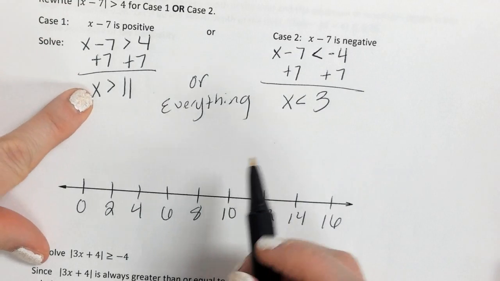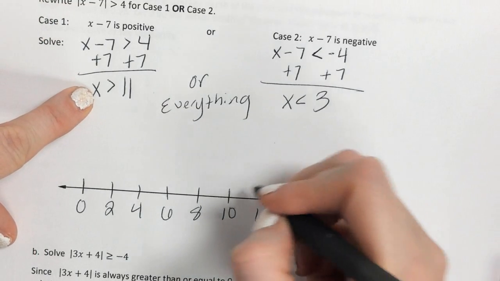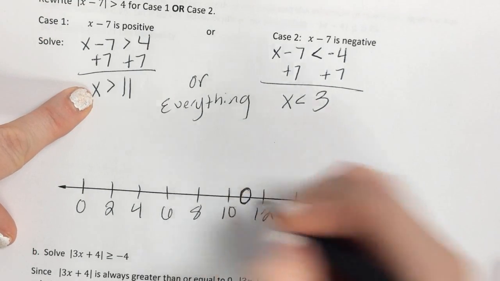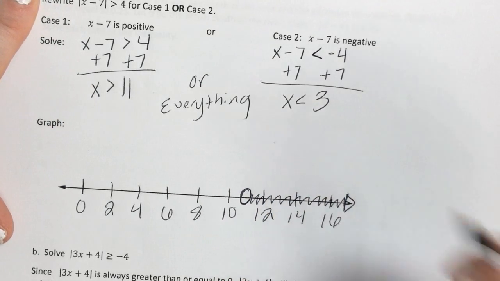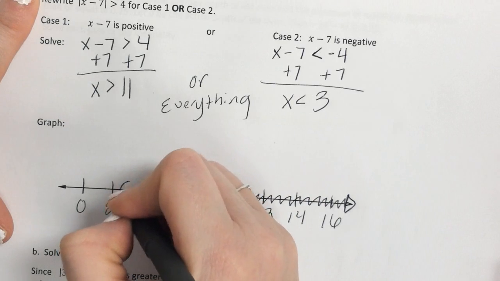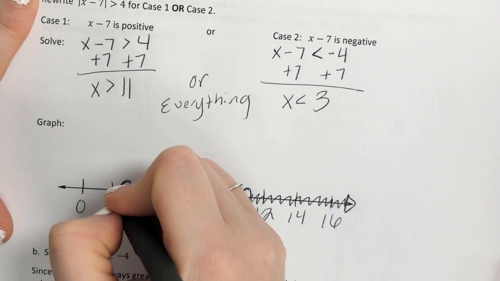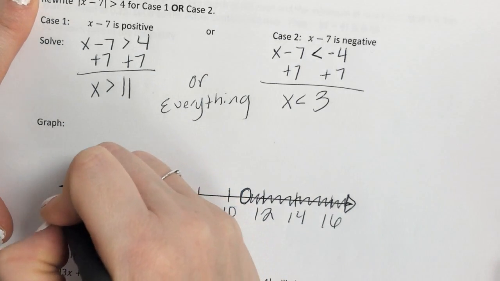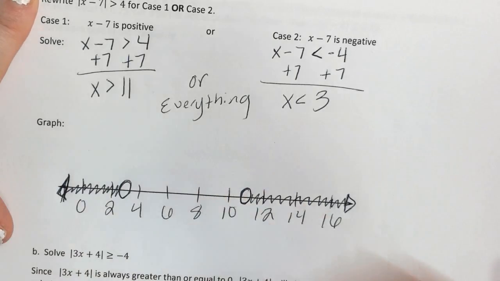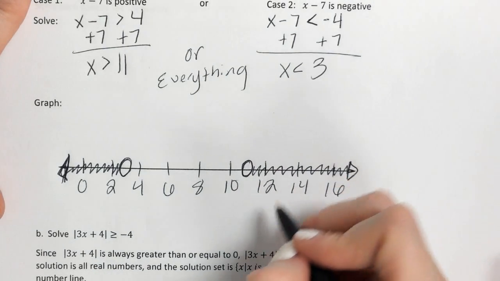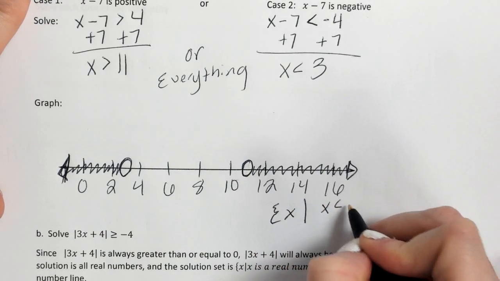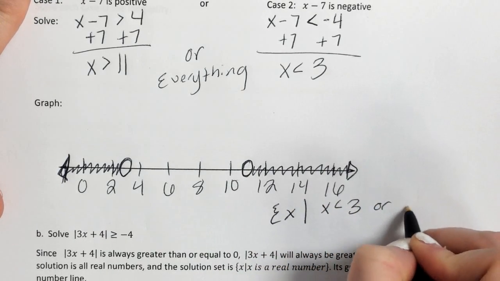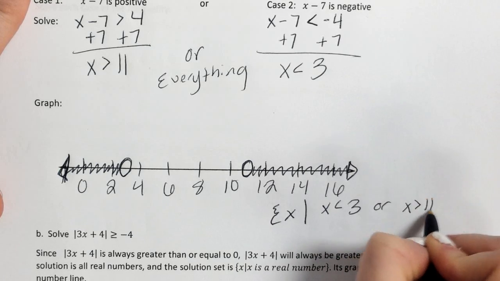Okay, so I can say open circle at 11 and shade to the right, and then open circle at 3, shade to the left. Don't forget to write your answer in set builder notation. So I say for all x, x is less than 3, or x is greater than 11.